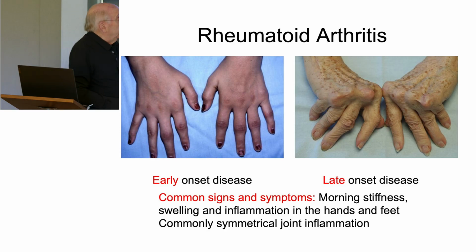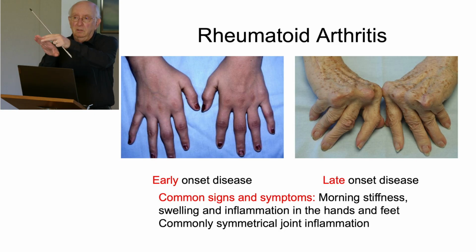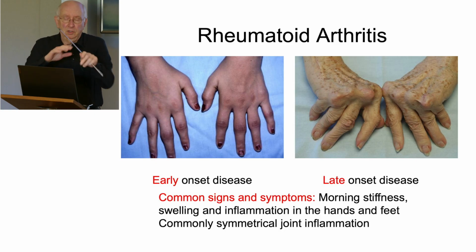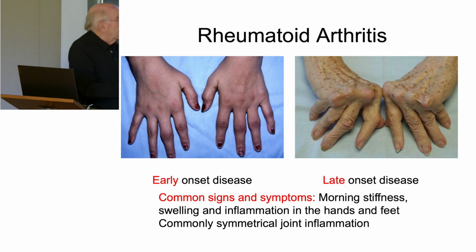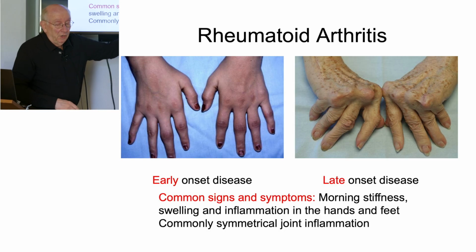Now, if the disease goes relatively untreated or poorly responsive, you very often wind up with this type of picture where the fingers deviate to the right and to the left and form what we call ulnar deviation. And this is a very advanced case.